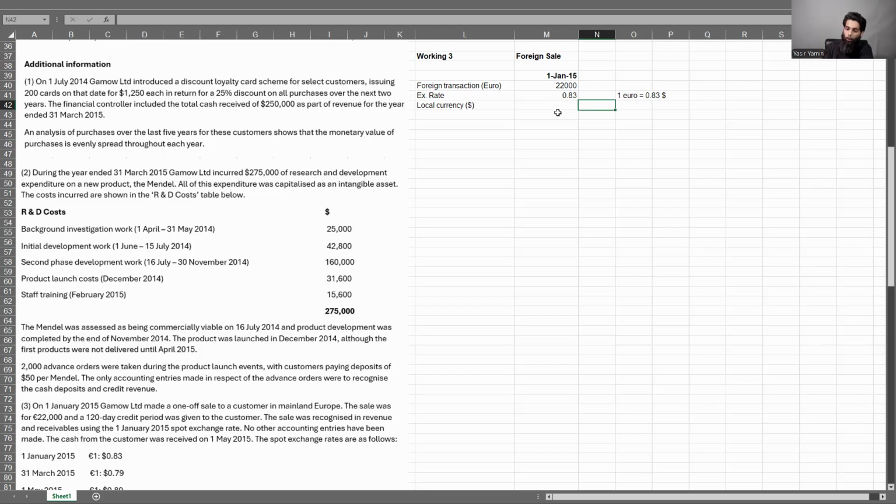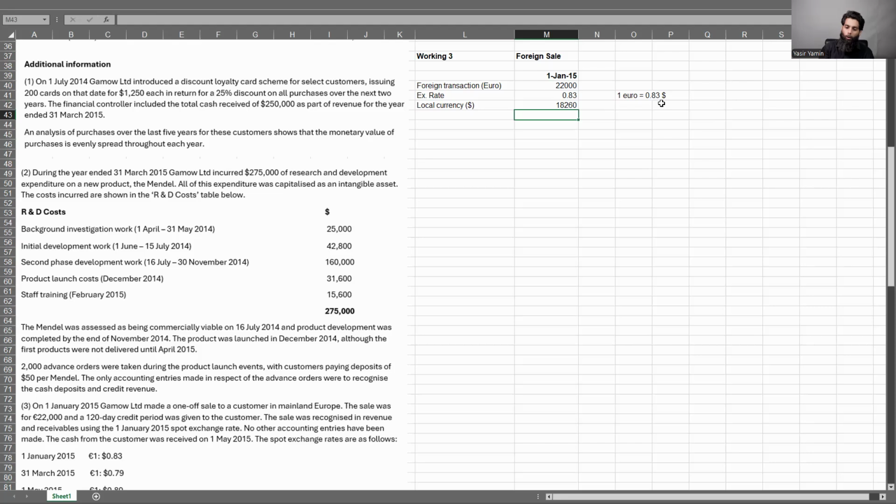So 22,000 euros should be less than $22,000. So should we multiply by 0.83 to have a reduced answer, or should we divide? Use your common sense. It's not rocket science. You don't need to be a financial analyst to learn that.